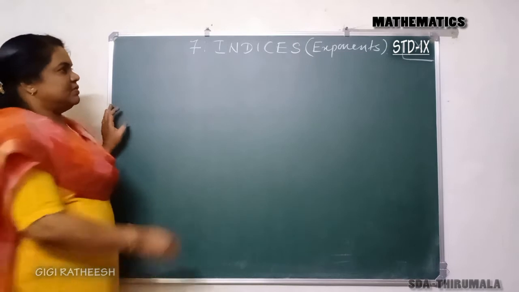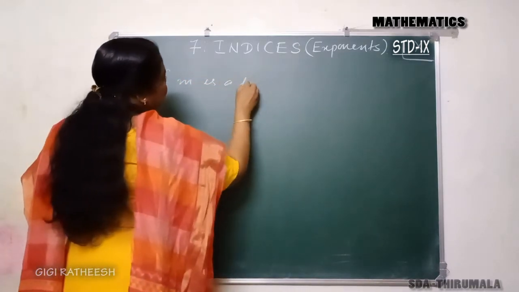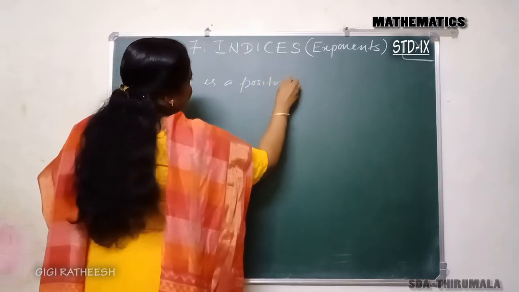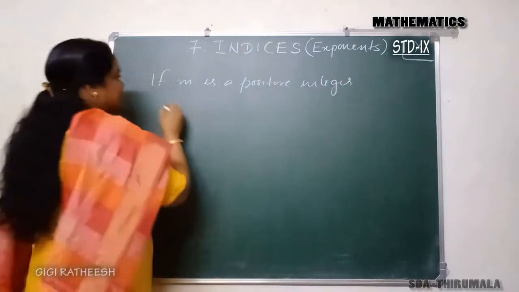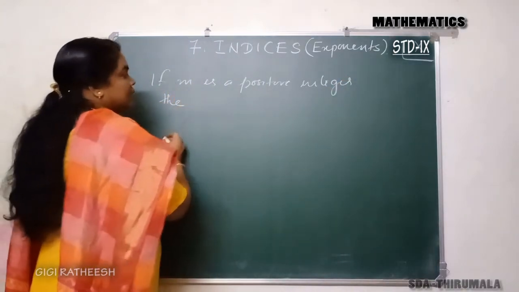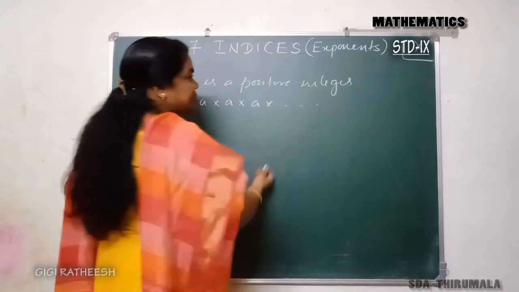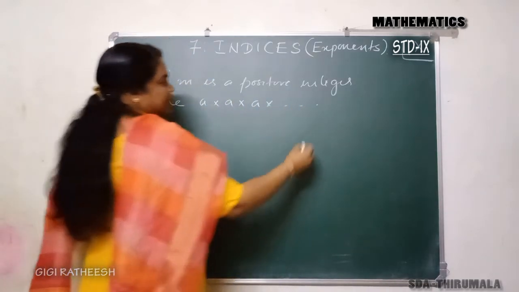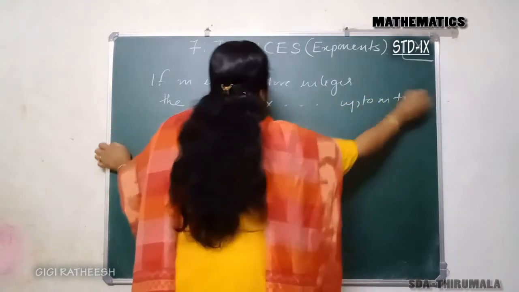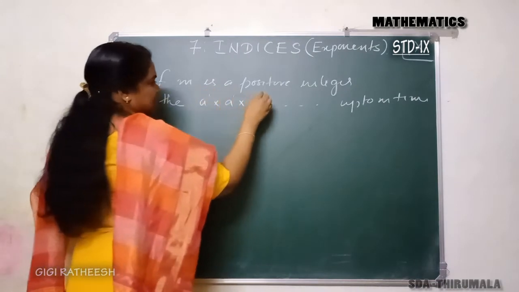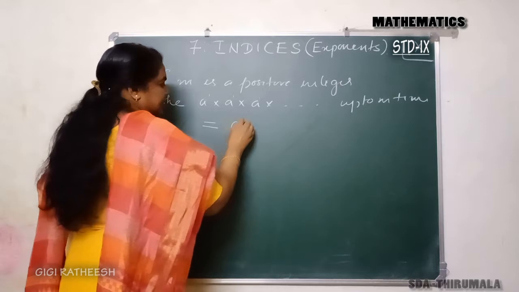If m is a positive integer, then a into a, etc. up to m times, we can write it as a raised to m.